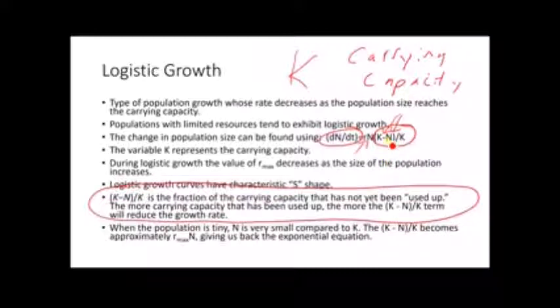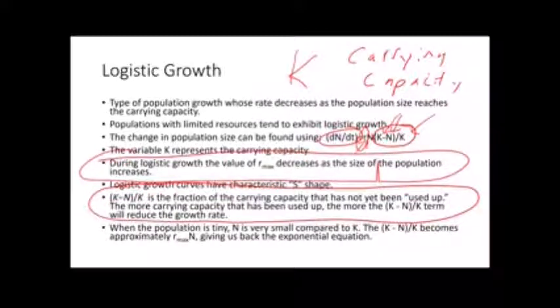And the bigger N gets, the smaller and smaller this fraction gets. So as the population gets bigger and bigger, the r max gets smaller and smaller in logistic growth. So again, during logistic growth, r max decreases as the size of the population increases.